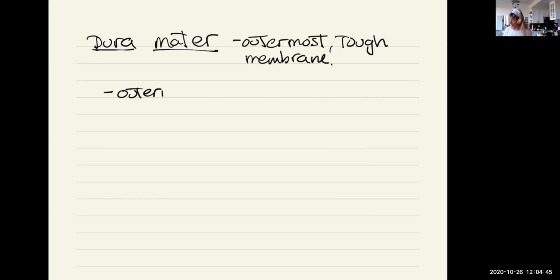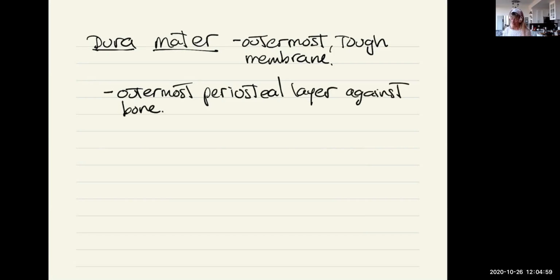So the outermost periosteal layer is against bone, protects from friction.